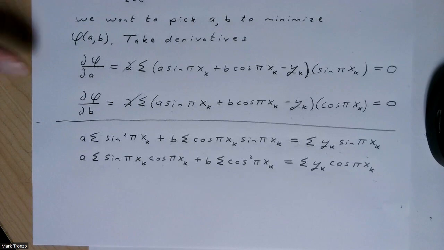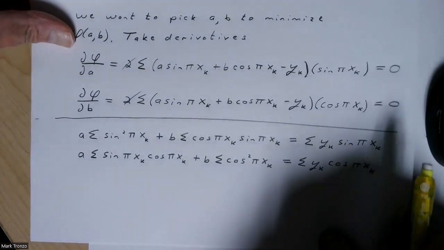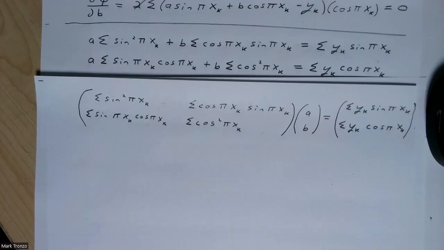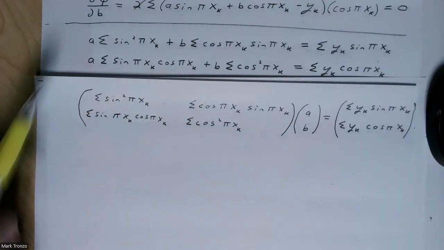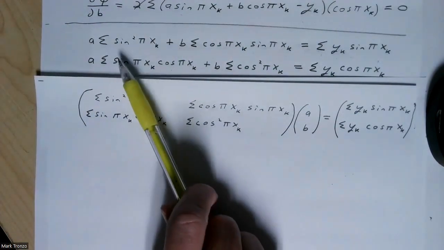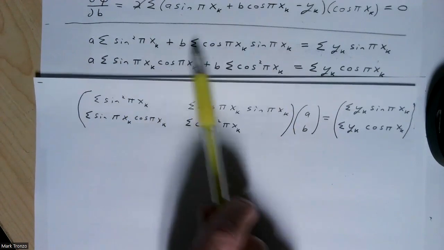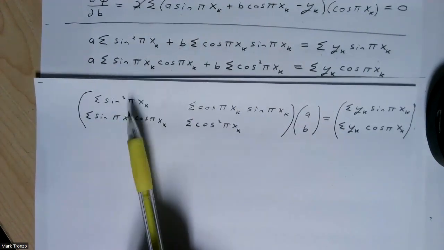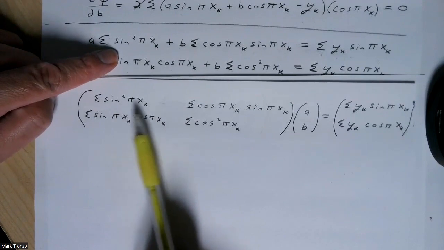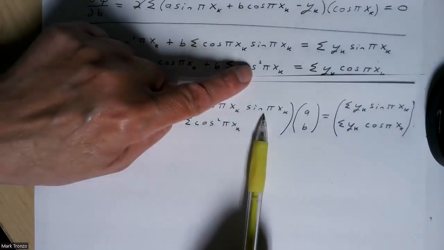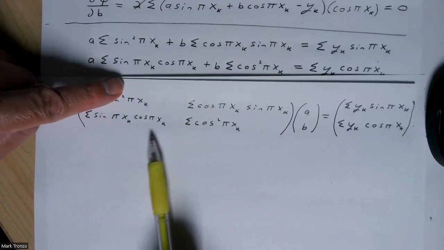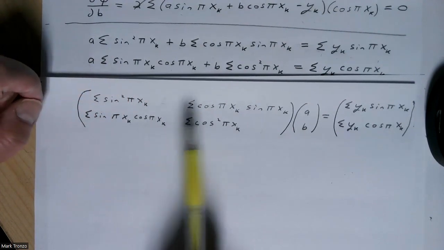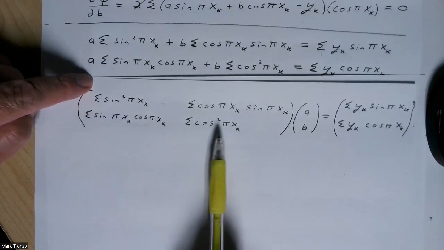And so let's go ahead and now put this into a matrix like we did before. So again, I pulled out the A and the B and put this into a matrix. We're left with sine squared, cos times sine. Then down here, cos times sine or sine times cos, same thing, just reversed.